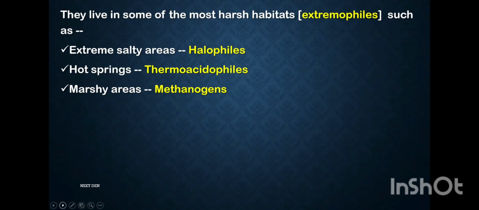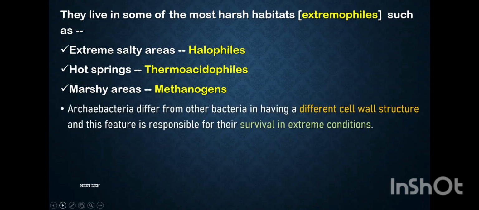What is a marsh? It is land which is covered with water for a long period of time. These bacteria which live in marshy areas are called methanogens, and they act on the organic matter present in the marshy areas and produce methane gas from it. So they are called methanogens.